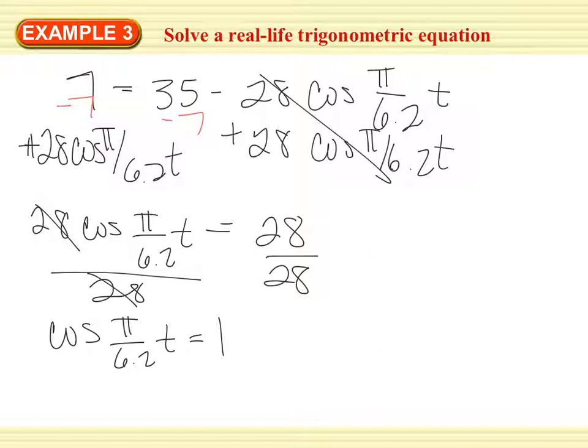Now, cosine of theta equals 1. Let's change colors. Cosine of theta equals 1. 1 is right there when theta equals 2 pi, or when theta equals 0. So I can go ahead and solve that. I'm going to say 2 pi though.